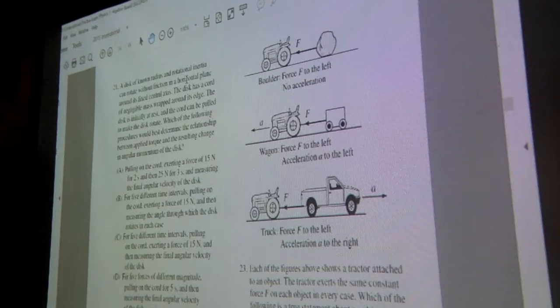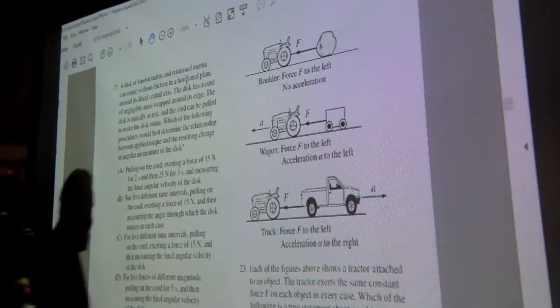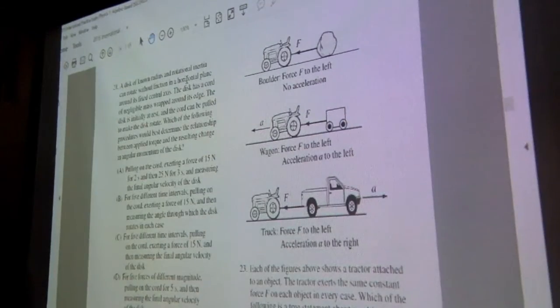Now, the concept to be thought about is this. When a force is applied for a certain time, you have a change of momentum, linear momentum. Correct? In terms of angular momentum, instead of force, we have torque times time equal to I omega. They said the radius is fixed. Torque is force times perpendicular distance, so basically force times radius.